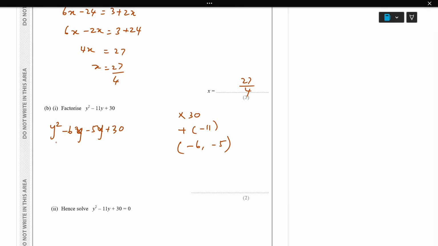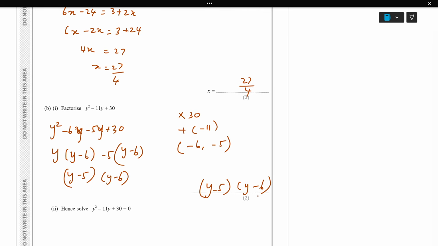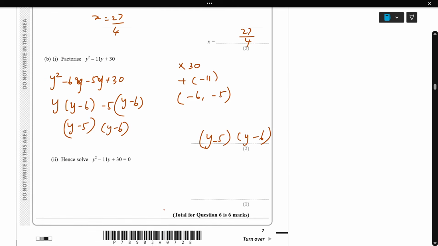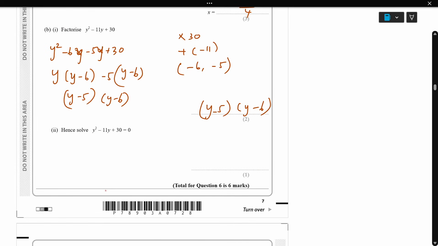In the first two terms, y is common, so y times (y minus 6), and exactly the same here, negative 5 times (y minus 6). So (y minus 5) times (y minus 6) are the factors, y minus 5 and y minus 6.